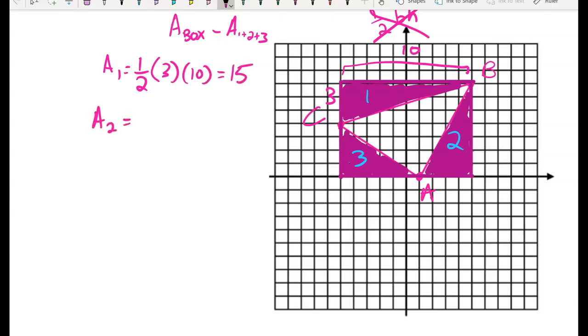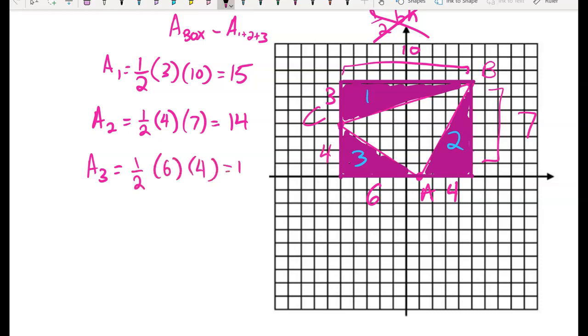The area of my second triangle, if I count the boxes, that height is 7, and the base is 4 down there, and I'm just getting that from counting those boxes. 1/2 of 4 is 2. 2 times 7 is 14. And the area of the third triangle, the base is 6, and the height is 4. So 1/2 of 6 times 4, which is just 12.